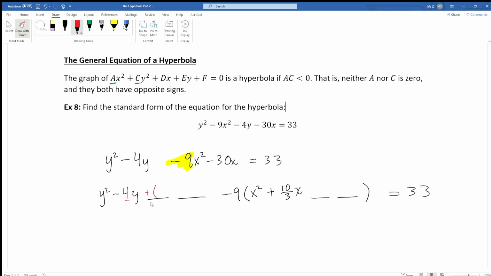In this case, b is 4 for our y quadratic equation here. So that's going to be 4 over 2 squared, and then we're going to subtract it to compensate. And over here, we're going to have 10 over 3, that's our b, divided by 2. So that's really just 10 over 6 squared. And we're going to add it, and then we're going to subtract it to compensate.